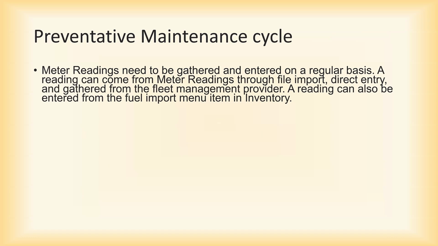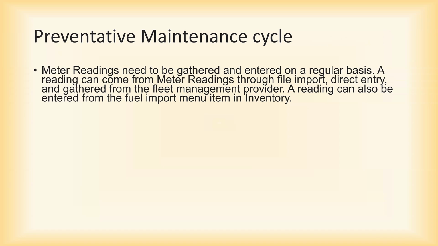We started with meter readings. Meter readings is one of what we call engines that gather information as time goes on over and over again. So meter readings can be gathered through different places automatically if you have a Samsara or a fleet management provider like Verizon.